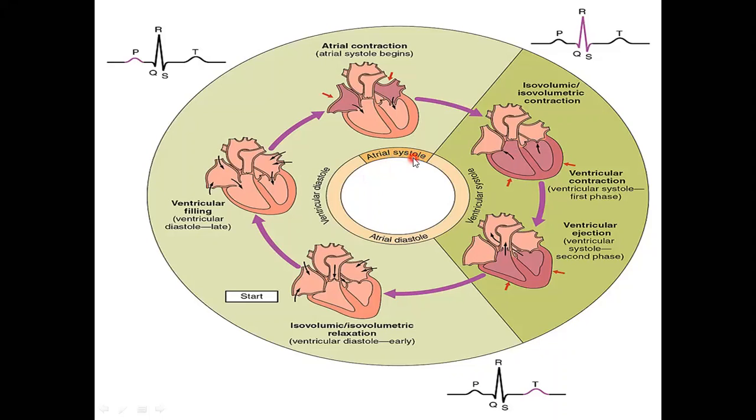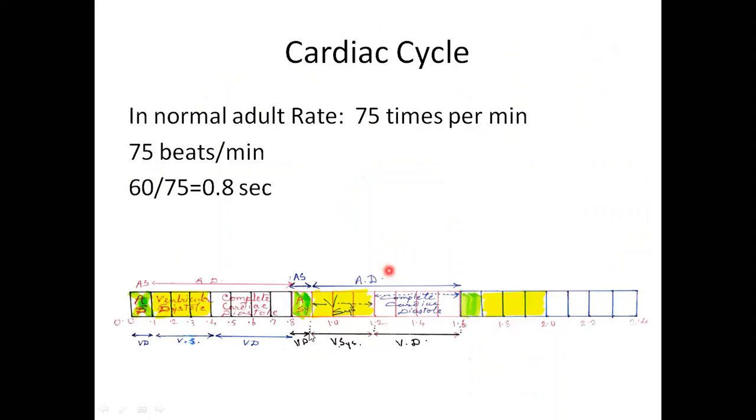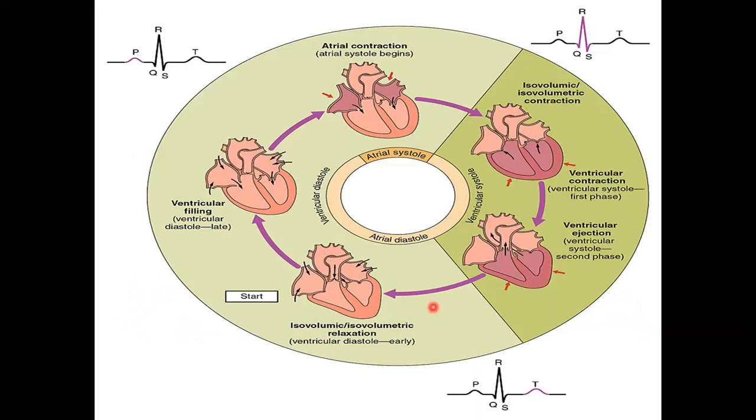This atrial systole is about 0.1 second, and thereafter 0.3 second ventricular systole is there. Thereafter the entire heart, meaning auricles and ventricles, all the four chambers, enter the diastolic phase. It is called complete cardiac diastole. All these details we learned in the previous lecture.